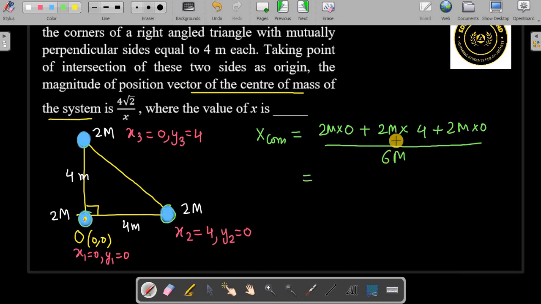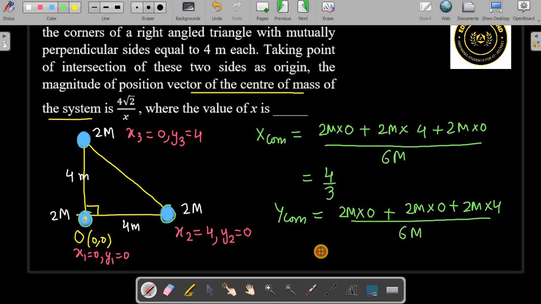So x center of mass we are getting from here is 4 by 3, because m will get cancelled. Similarly we calculate y center of mass. In the same manner, 2m into 0 for m1 y1, plus m2 y2, 2m into 0, plus m3 y3, 2m into 4, divided by total mass 6m. Here also you are going to get the same, 4 by 3.